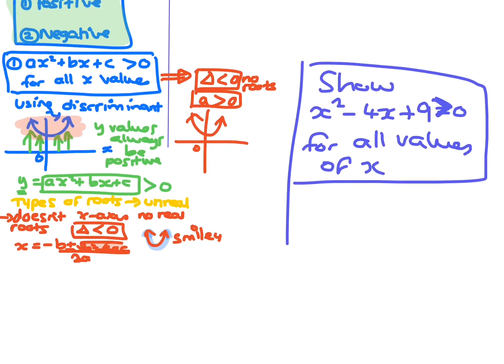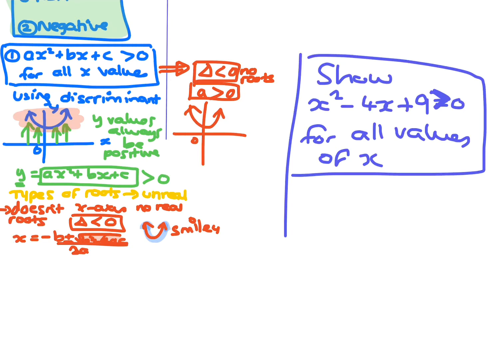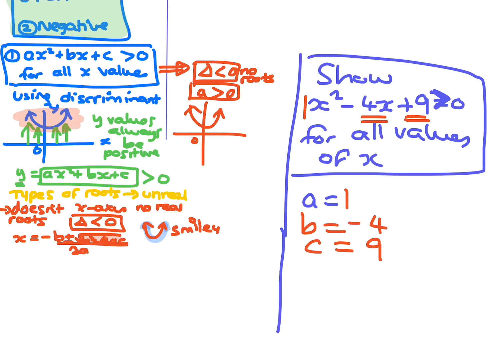All right, so first of all, the number in front of the x squared is the a, so that's a 1. In front of the x is the b, which is minus 4. And the number on its own, the 9, is the c.